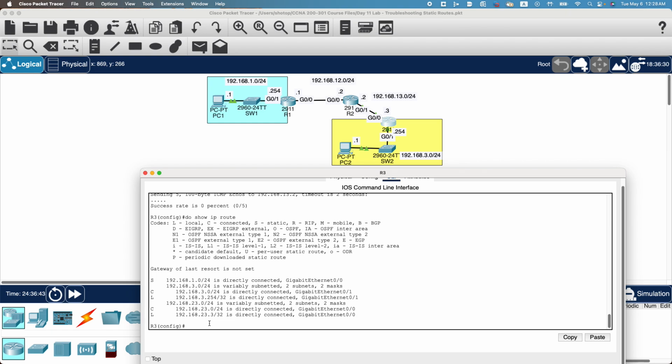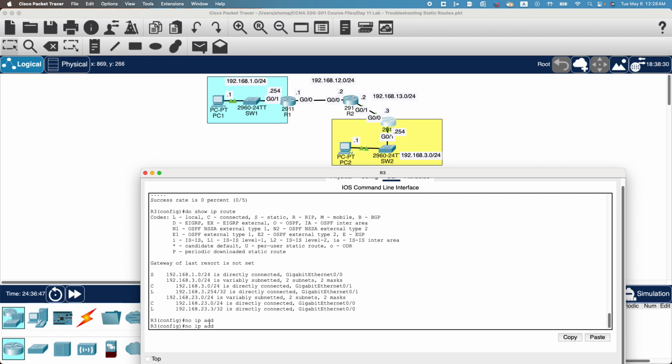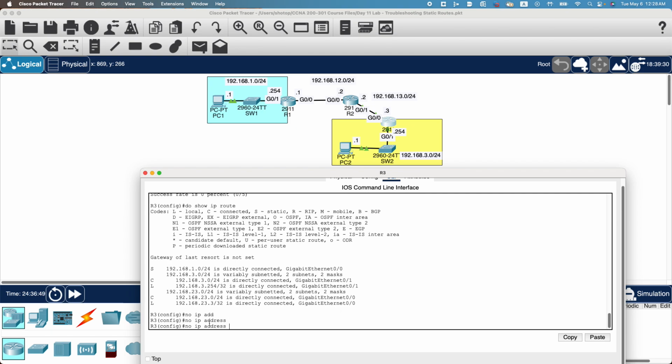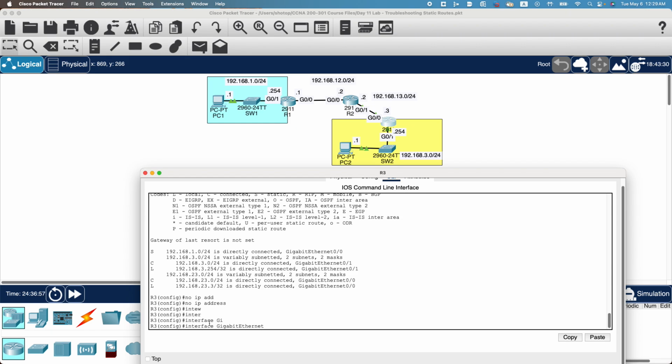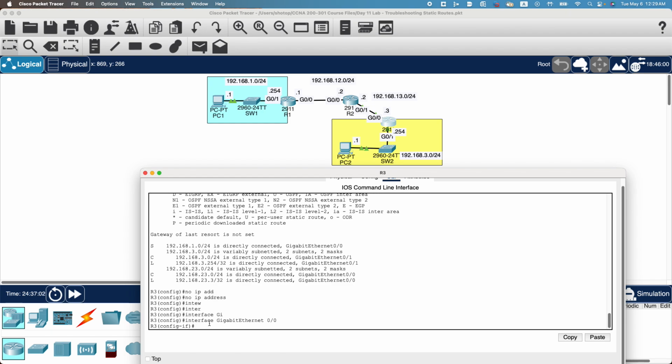So I'm going to say no IP address. No, I need to be on that interface. So interface gigabit Ethernet 0/0. No IP address. Do I just say no IP address?